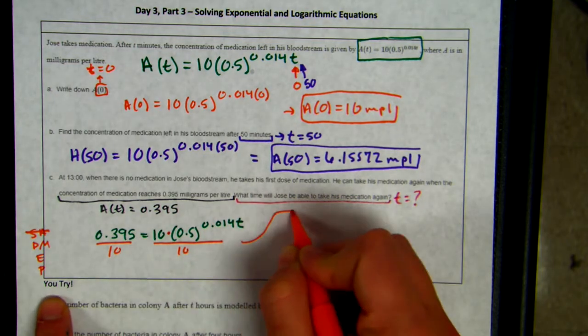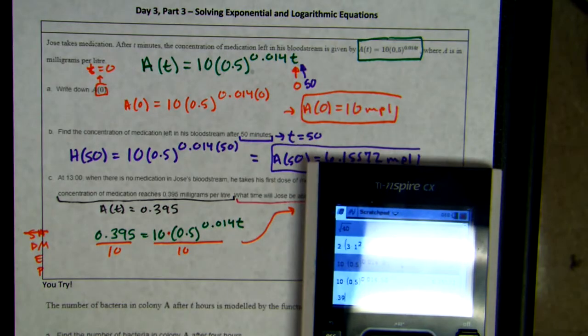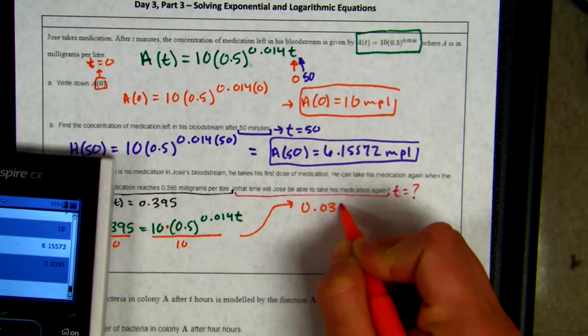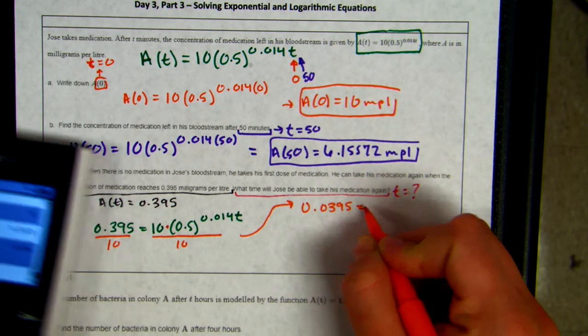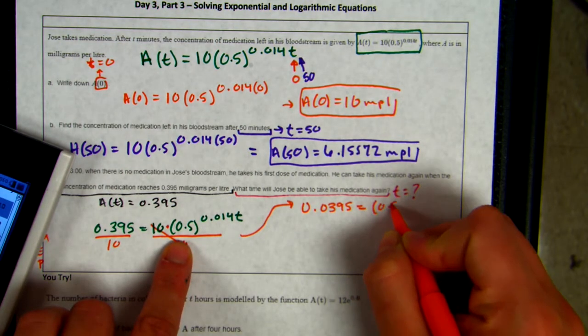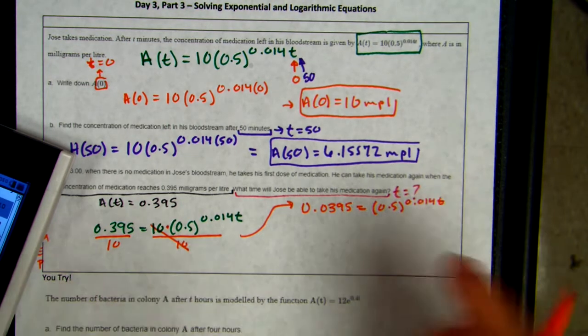Okay, and I'm going to draw over here because I'm running out of room. I do 0.395 divided by 10. That gives me 0.0395 is equal to, these 10s cancel out, and I'm left with 0.5 to the power of 0.014 t.